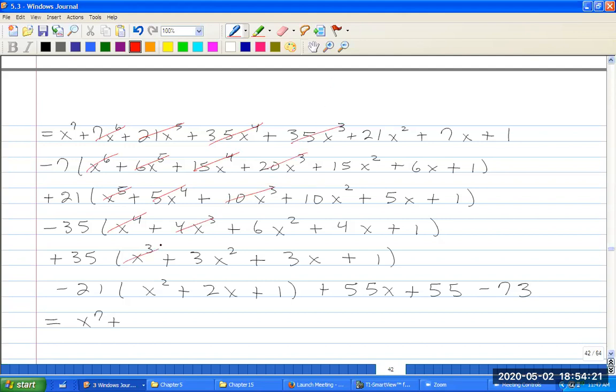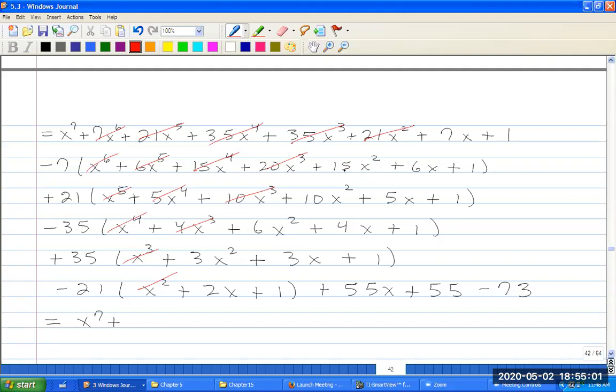A lot of things cancel. So far everything is canceled. Let's look at x squared. 21 cancels with that 21. 210 and 105. Okay, so this cancels.